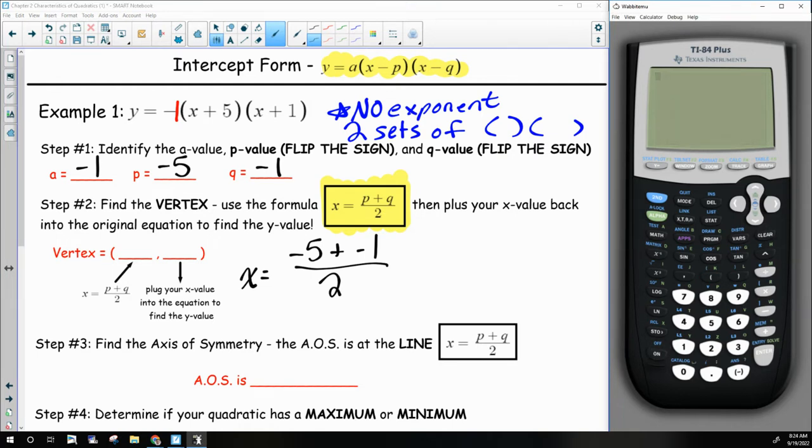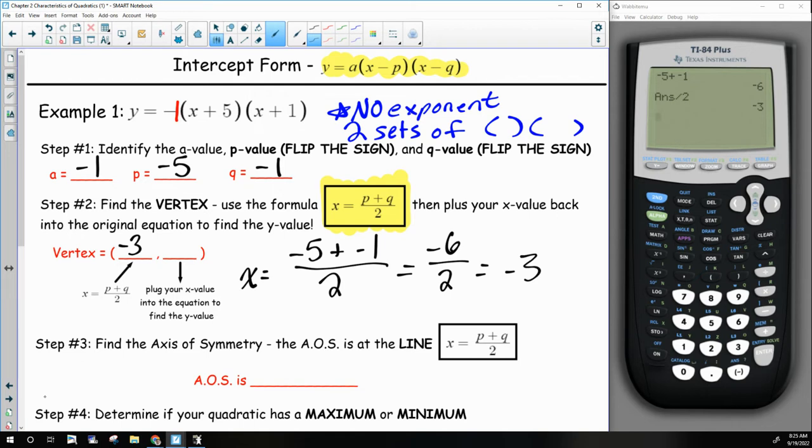Well, we type in p plus q, -5 plus -1, and hit enter. We add the tops. We get -6 over 2. And then we divide it by 2. And we get -3. That is my vertex, -3.